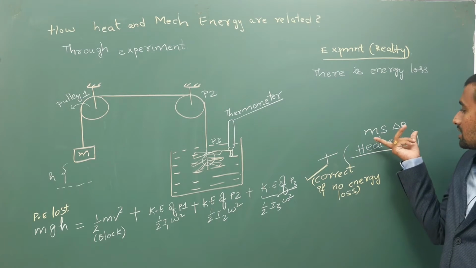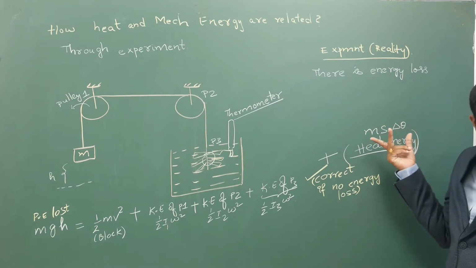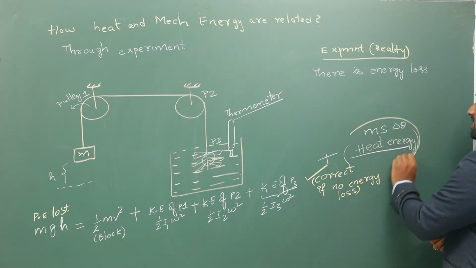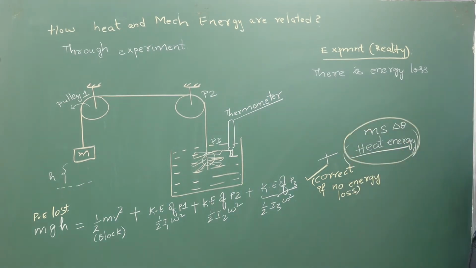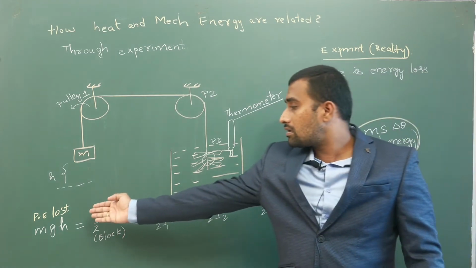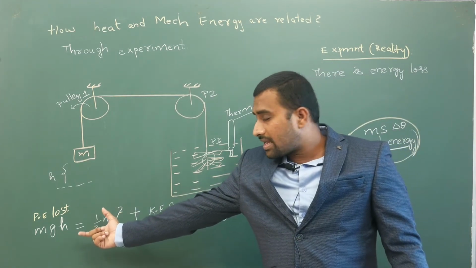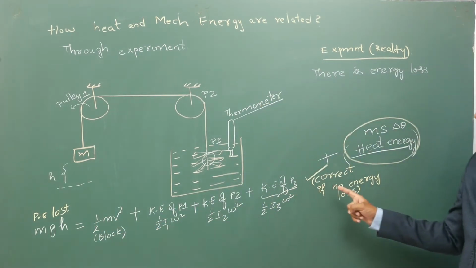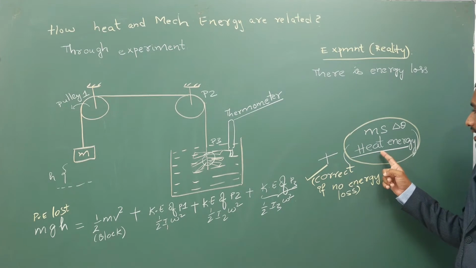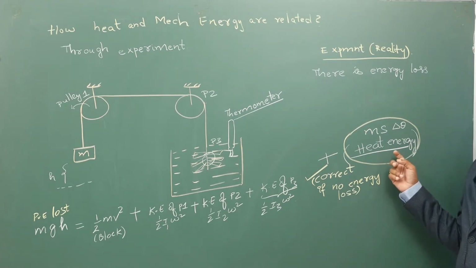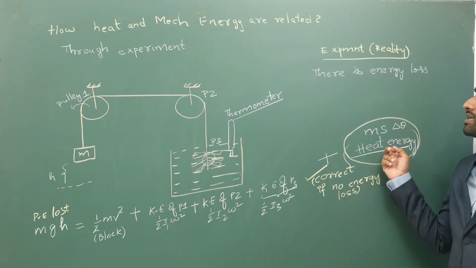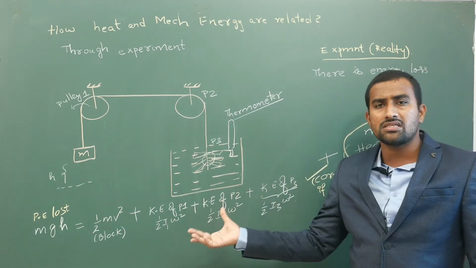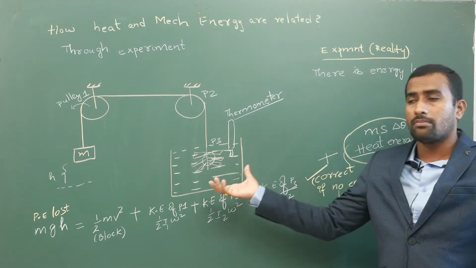When you add this extra term and it balances this equation, that means the mechanical energy, the potential energy and kinetic energy on the left and right hand sides, and this heat energy are related to each other. So through this experiment, you can say that heat energy is no way different from mechanical energy.